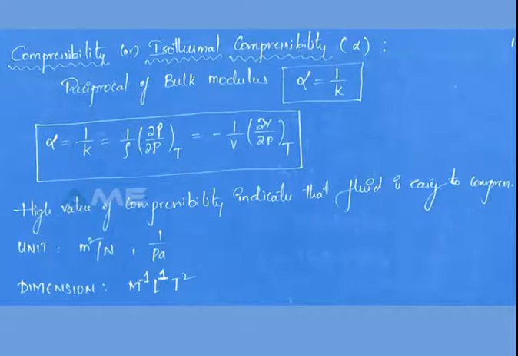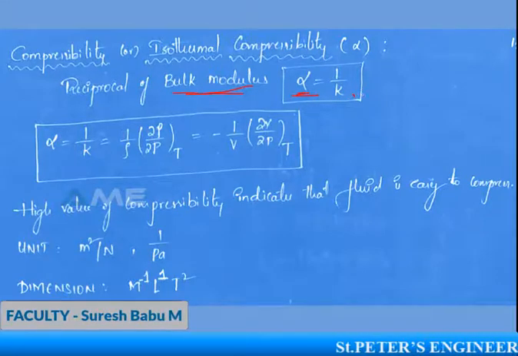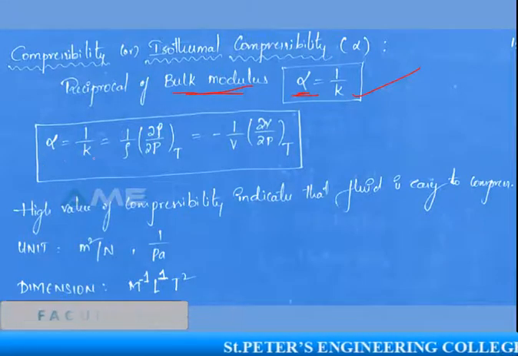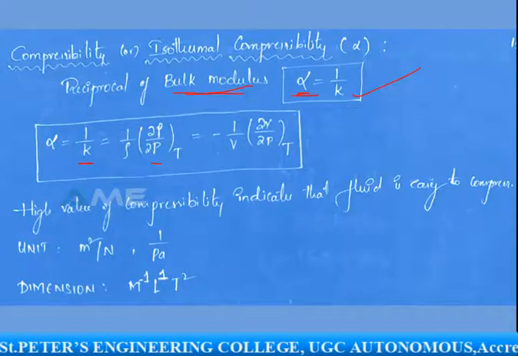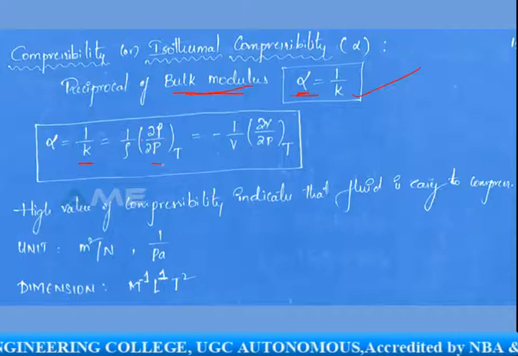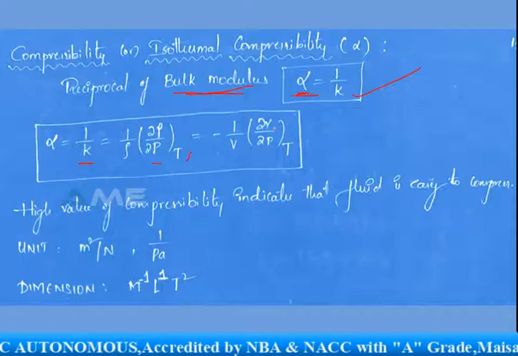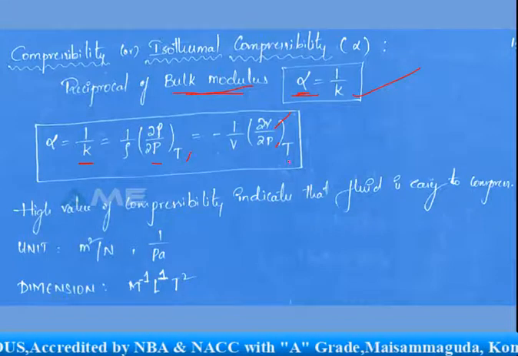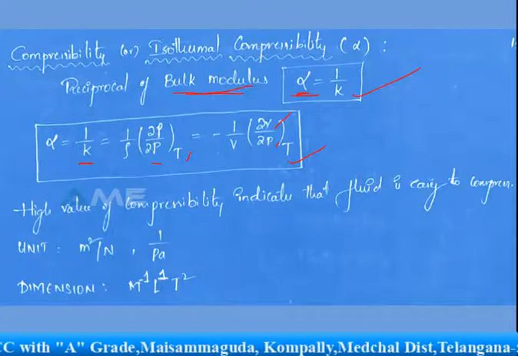It is the reciprocal of bulk modulus, designated by alpha, which equals 1 by K. If you place the bulk modulus formula here, you get 1 by rho dou rho by dou P at constant T, which equals minus 1 by V change in volume by change in pressure at constant temperature.